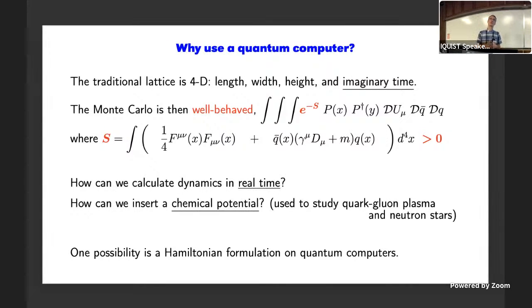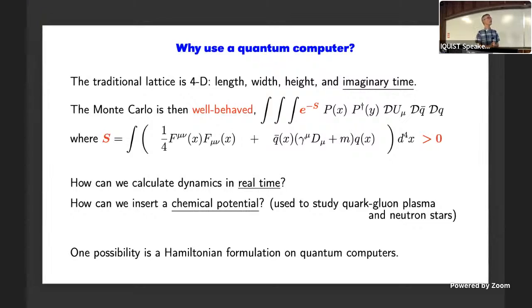Because the way people do calculations in lattice gauge theory is they'll perform a Wick rotation. So instead of integrating along the real time axis, imagine you're in the complex plane, you can do an integral along the imaginary time direction instead. And just with some simple math, it's equivalent.